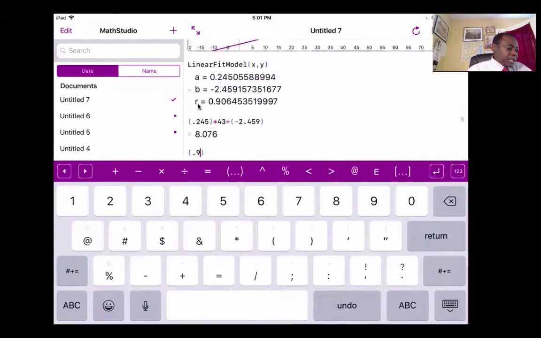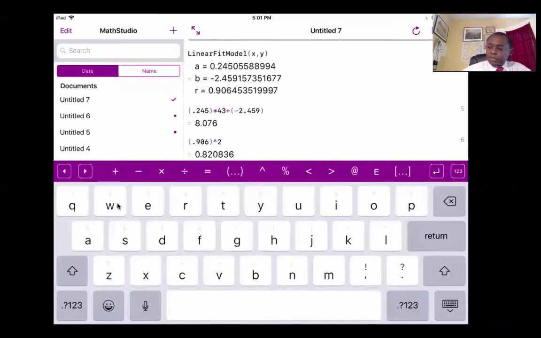So that would be 0.906. Take the arrow there, and then you want to raise that to the power, that's exponent, and square, and hit return, and that gives us 0.820836.